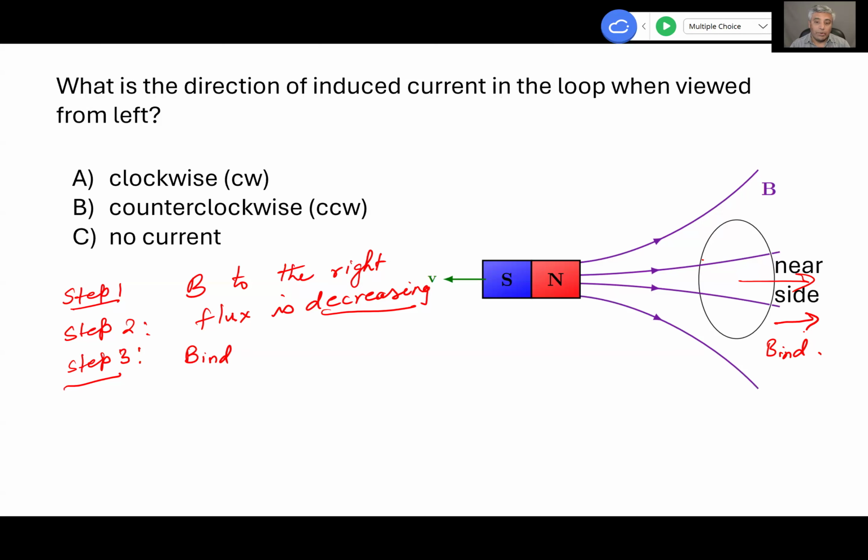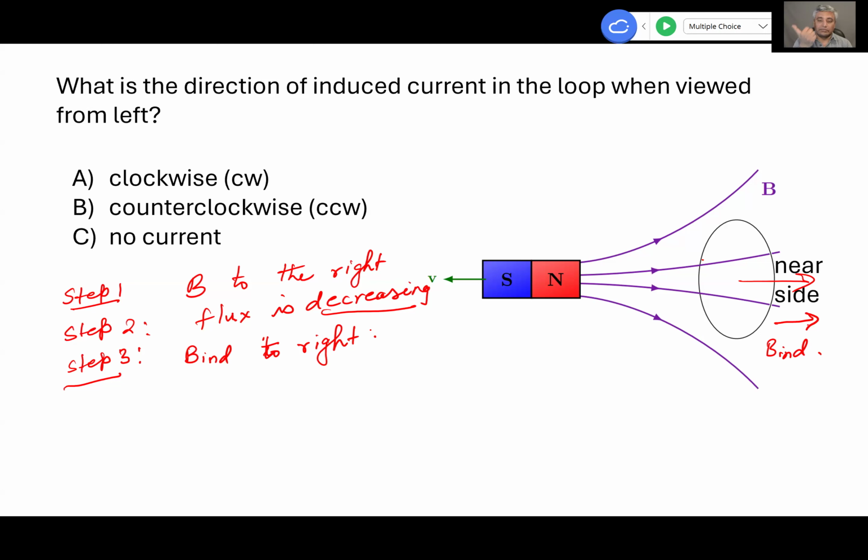So when you want to oppose, you induce in the opposite direction. Here, when you oppose the increase, you induce in the opposite direction. But when you oppose the decrease, then you need to line up in the same direction so that they, rather than canceling, add up. Okay, so we want B induced to the right, just like B was in the same direction now. So to get that, which way does it have to go?